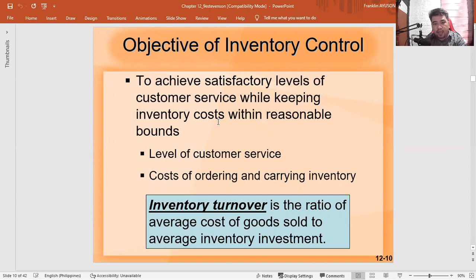So this time, again, taking into consideration our investment, part of our inventory investment, like I said, that's our inventory asset, versus the amount that we are selling to our customer, answering their needs.